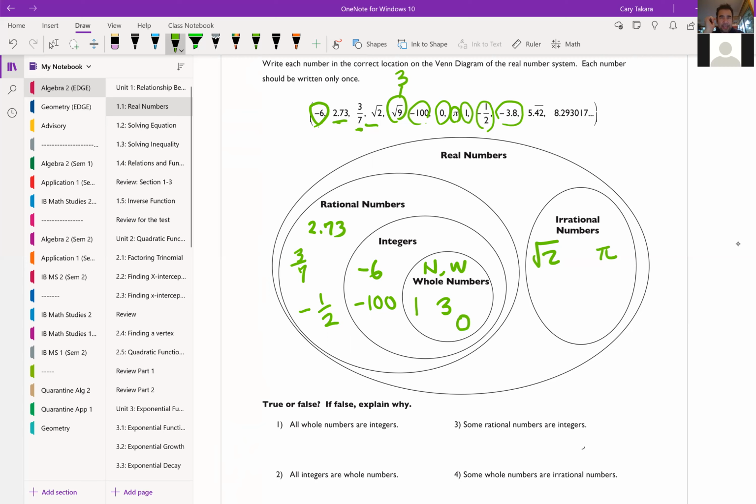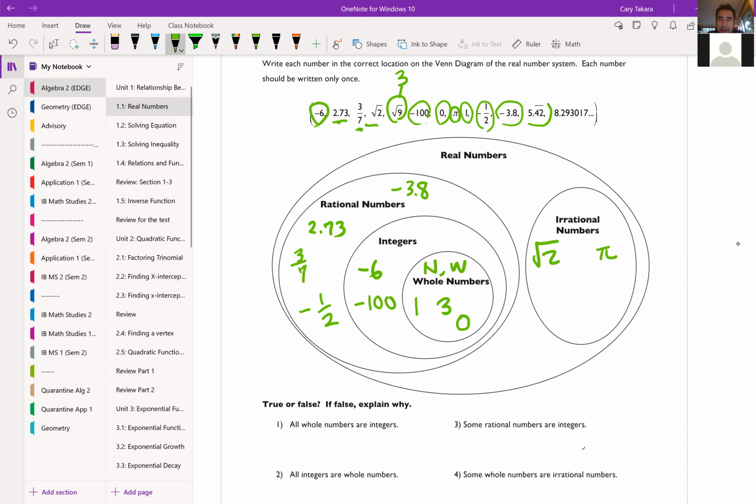Negative 3.8 stops. It's a decimal number, first of all, but it stops. It terminates. So what's terminating decimal? Again, it is rational number. So you need to be putting into the rational number circle. You can't put it in integer because it's not a whole number. Integers and whole numbers are all whole number. Okay? No decimals.